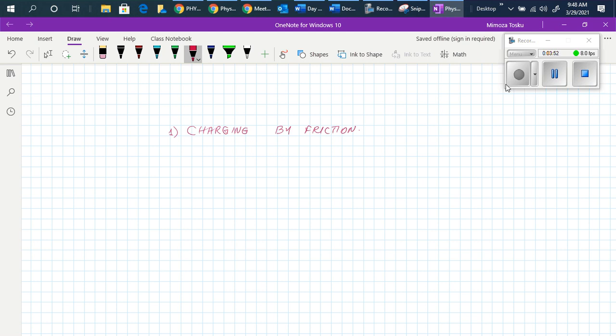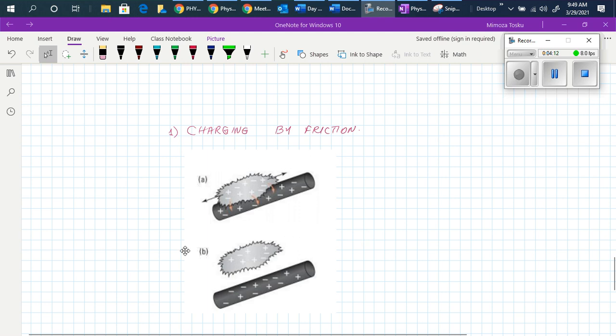the fur. So in this case, after rubbing, the ebonite that has the excess electrons becomes negatively charged, and the fur that has a deficit of electrons becomes positively charged. This is a picture of what we said.